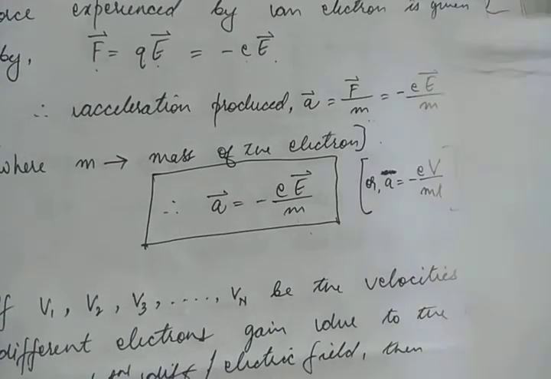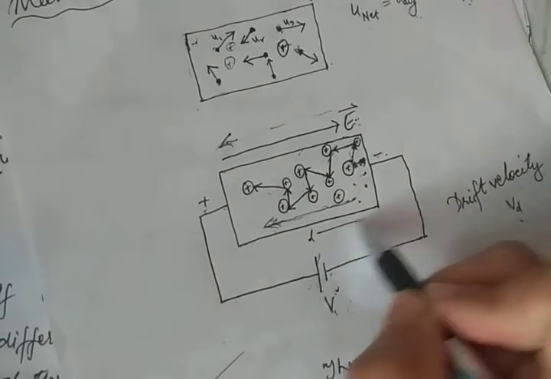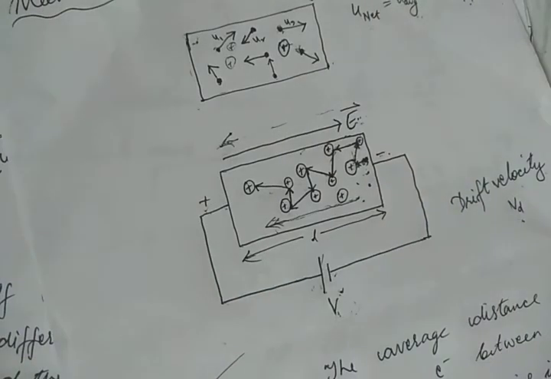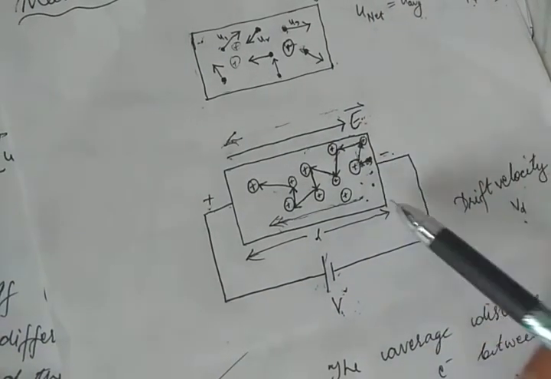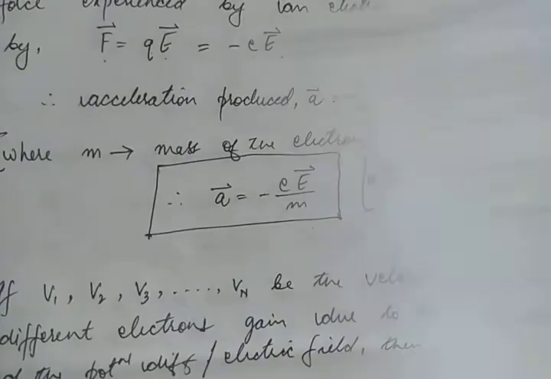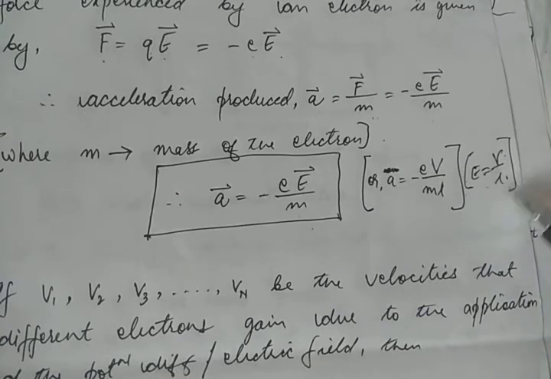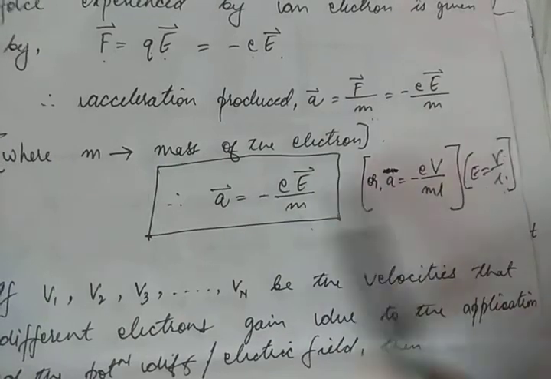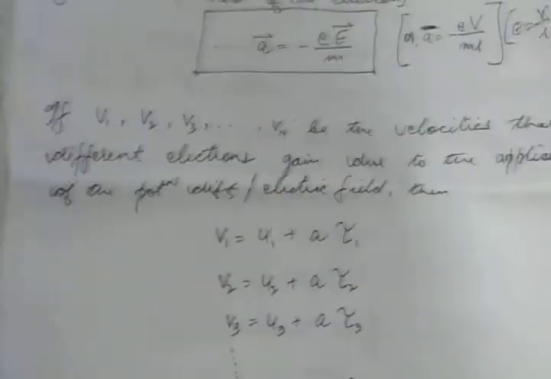What I forgot to mention here is if L is the length of the conductor, the electric field is applied across this length, across this conductor having length L. So electric field here is the gradient of potential, which is V upon distance. Just substituting for E, we have a is minus eV by mL.